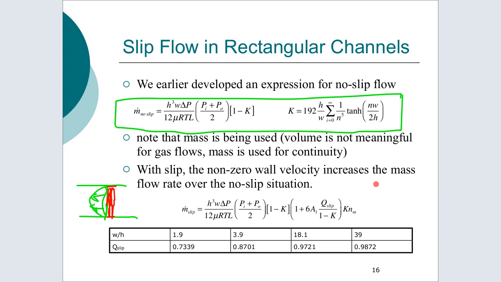So it's actually beneficial. So we can modify this to account for slip. Okay, so this is an expression that we can use here, and this will give us the additional flow rate that we get.